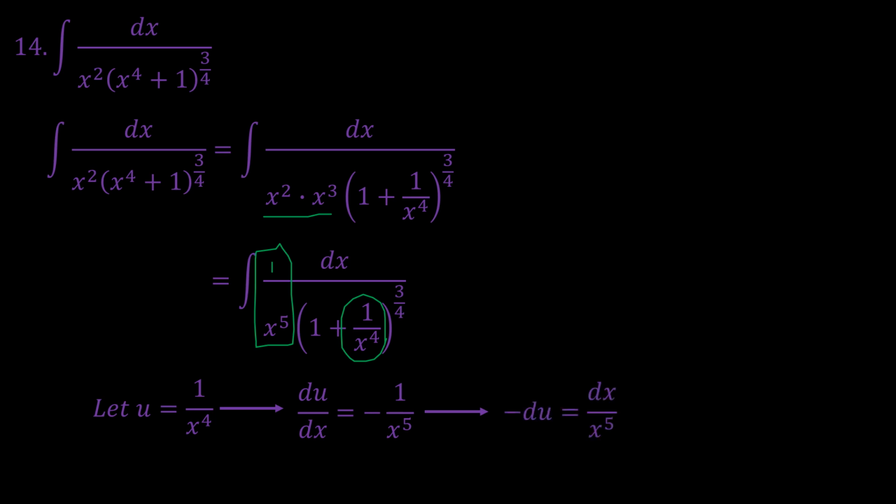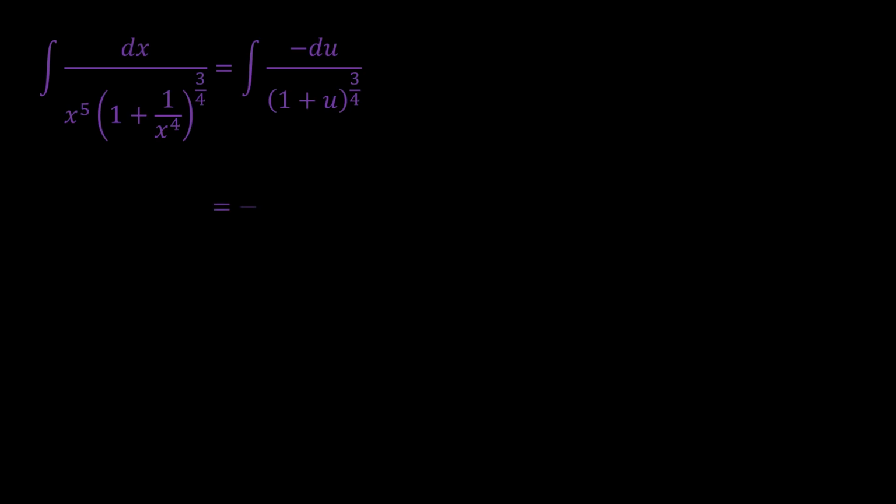So negative du can be used to substitute dx over x to the power 5. So essentially this part here can be substituted off, right? And so our integral now becomes the integral of 1 over 1 plus u, and the integrand here can easily be seen to be this when you integrate.